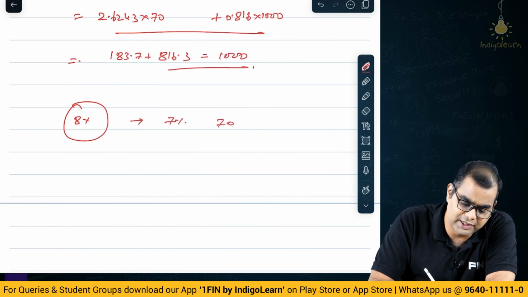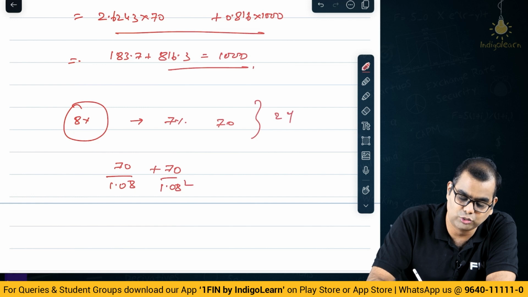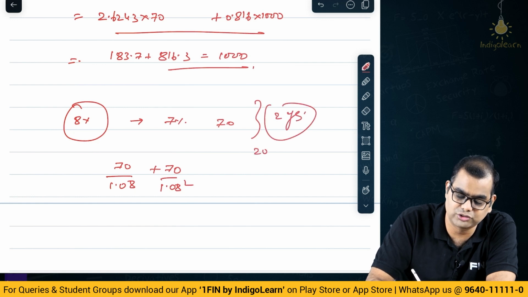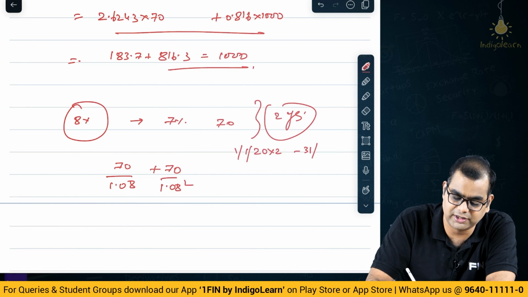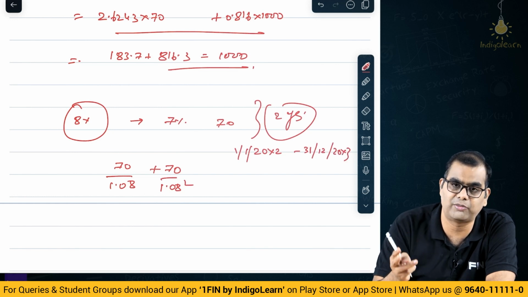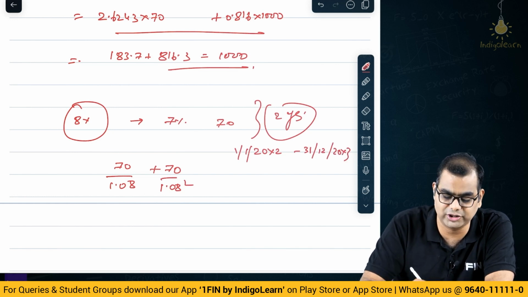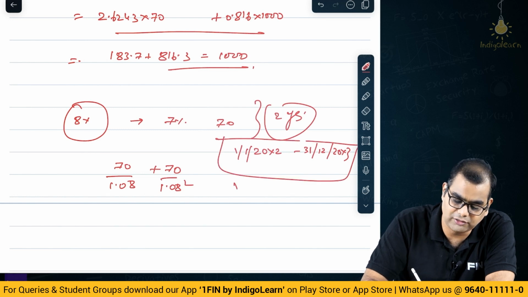So, what will happen? 70 by 1.08 plus 70 by 1.08 whole square. Why is this for 2 years? From 1/1/20x2 to 31/12/20x3. It's a 3-year bond, of which 1 year is over. So, balance 2 years, you are finding out the price. You are on 1/1/20x2. Okay.